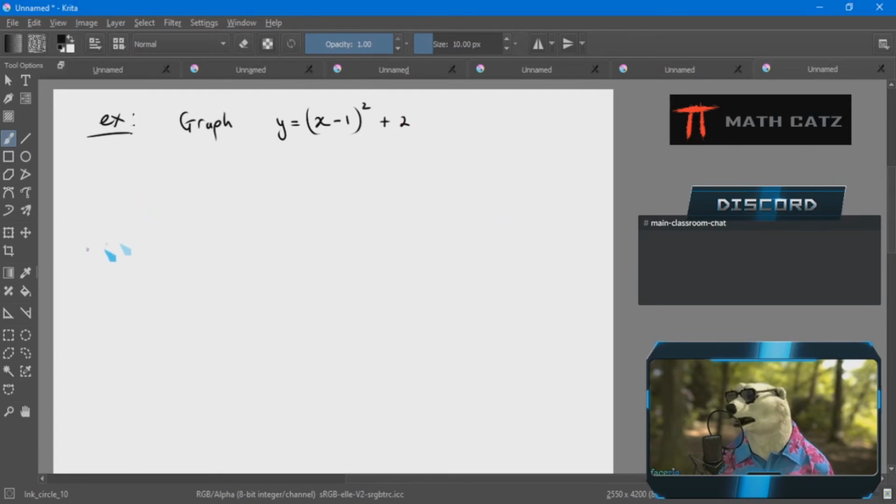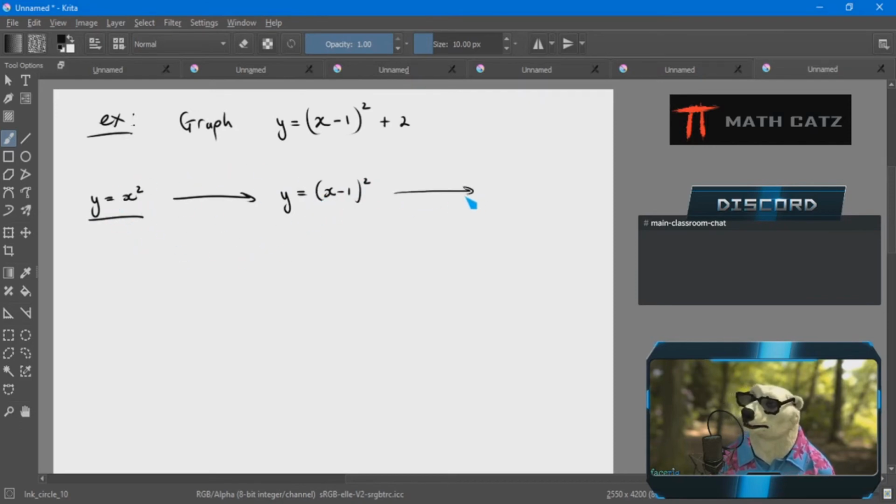Now I'm going to make a chain of transformations that start with my basic function that this is built on, y equals x squared. That then changes to y equals (x minus 1) squared, where what I'm doing is replacing x with x minus 1, and that then changes from this middle function to the end result by taking the right-hand side, exactly the same, and then adding 2.